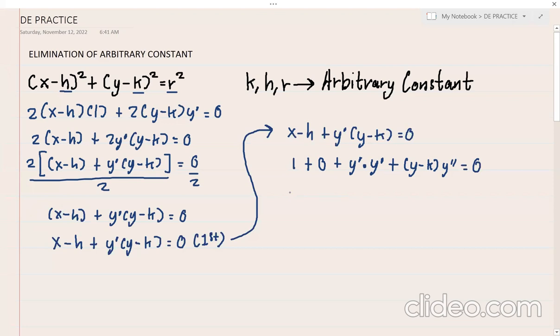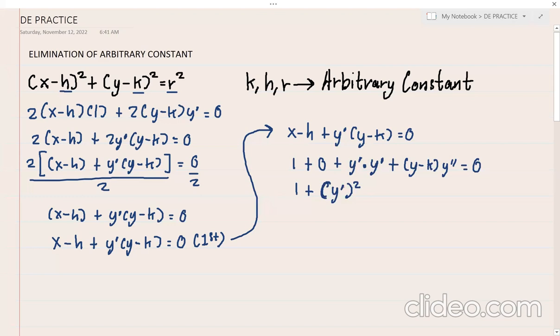Let's simplify this second derivative. So we will have 1 plus, since these two are y prime times y prime, it becomes quantity y prime squared. Sorry, I made a mistake. Y prime squared, that's what you call it. I put parentheses because you might get confused about where to put the exponent. Since it has an apostrophe, I can't put the 2 there. How would you basically represent it?